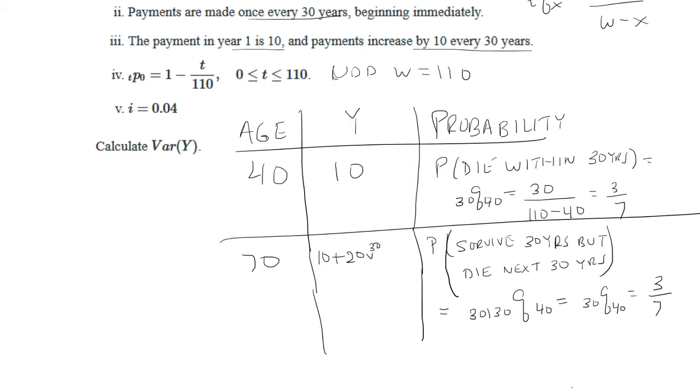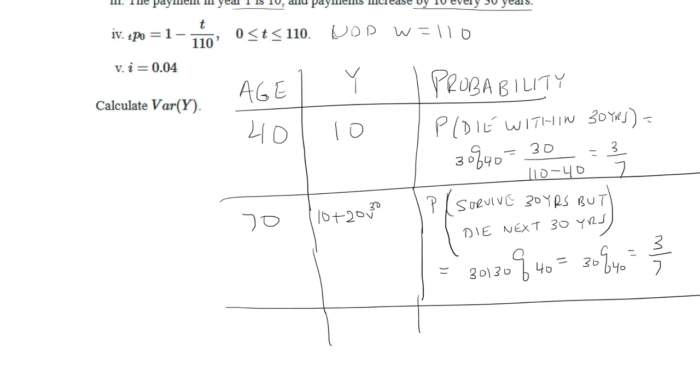Okay, so we just keep adding 30 years. Now the next year will be 100 years old. So we have 10 and 20. So we're going to add 10 more to my payment, which will be 30, but we have to discount it back to age 40. So that's 60 years. And that's the probability that we survive at least 60 years.